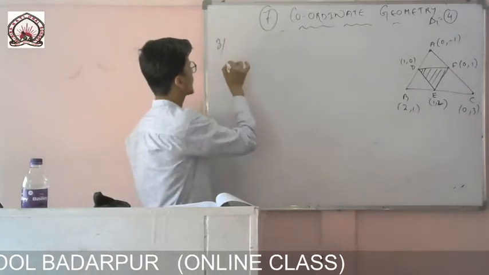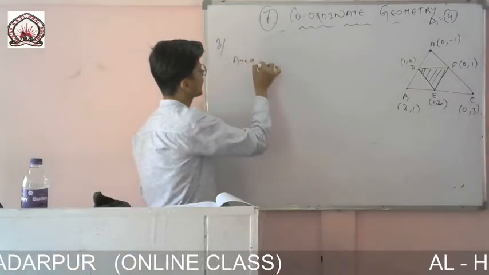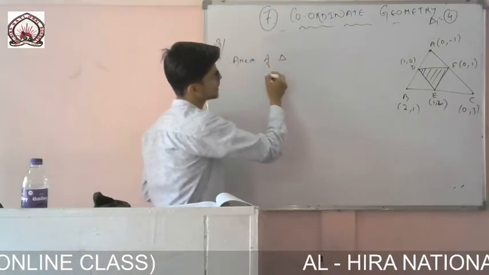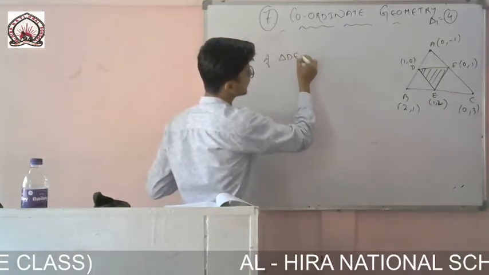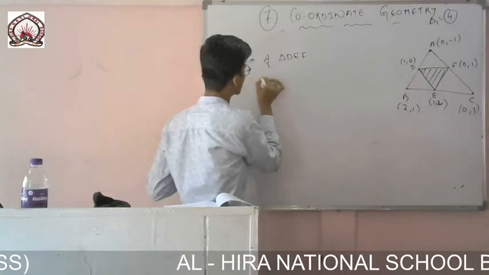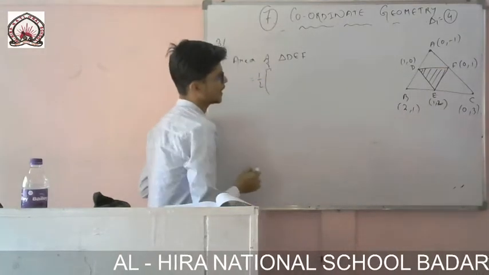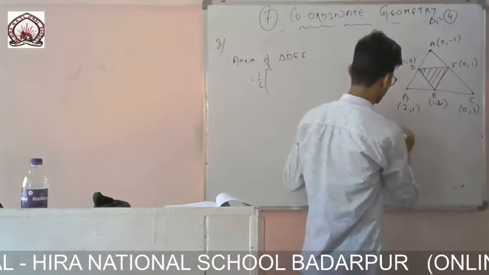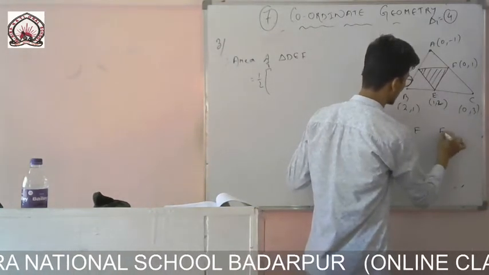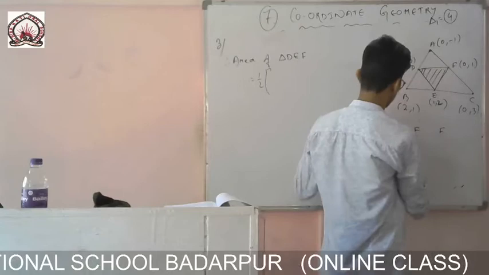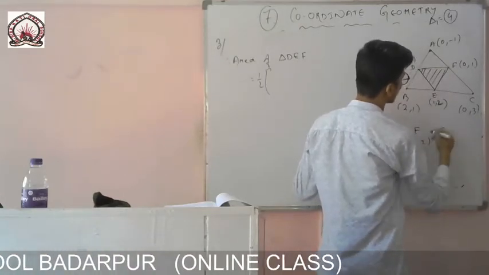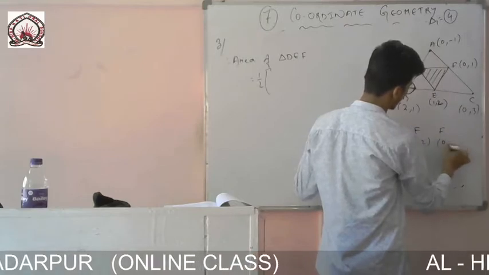So write like this, therefore area of triangle DEF is equal to half into, what are the coordinates? For D it was 1 comma 0, for E it was 1 comma 2, for F it was 0 comma 1.